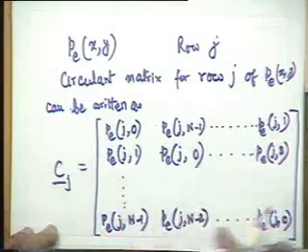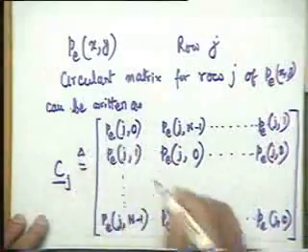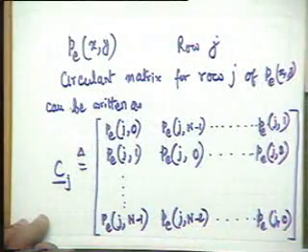Now, this is the definition of the circulant matrix for the jth row. Using the circulant matrices for the other rows, let us now compose a block circulant matrix consisting of all these C_j's.